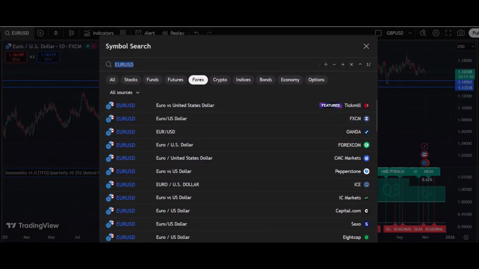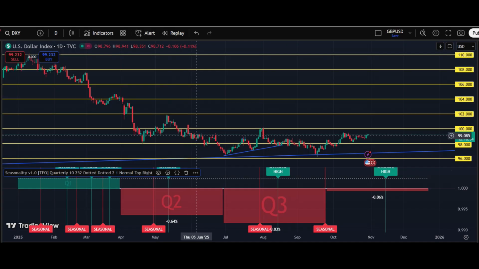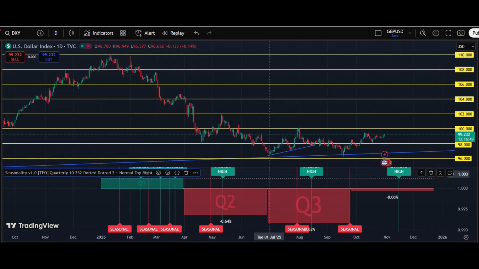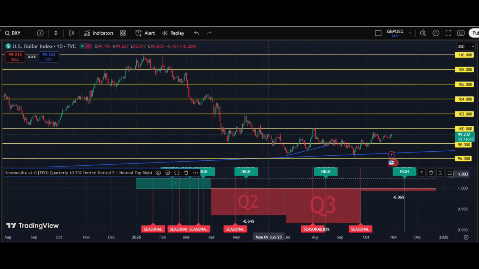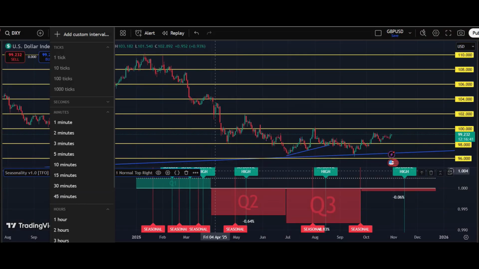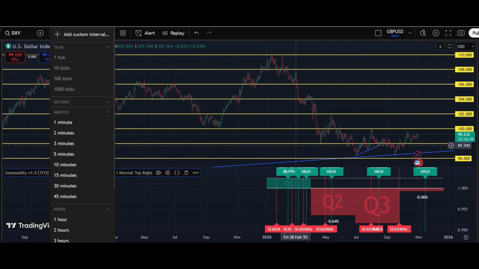So maybe a good thing can be if now we are in dollar. You can see, for example, how the dollar is usually bullish in the first quarter and then shows some bearishness.